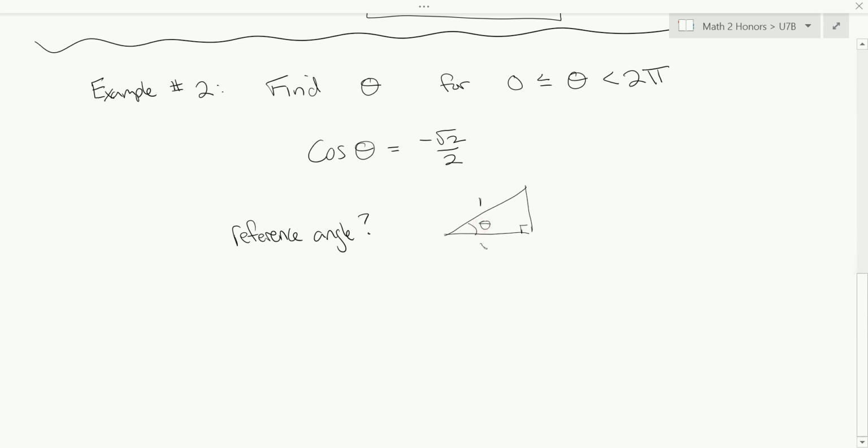I'm just going to work with positive. I'm not going to worry about the negative. I'm just saying, do I recognize this triangle enough to know, is this a 45, a 30, or 60 degree angle? That's all I'm after. And hopefully you realize, okay, theta prime is going to be 45 degrees.